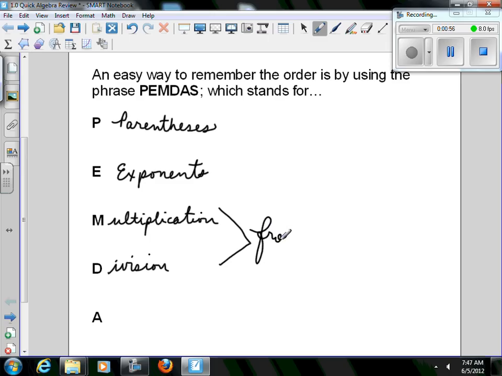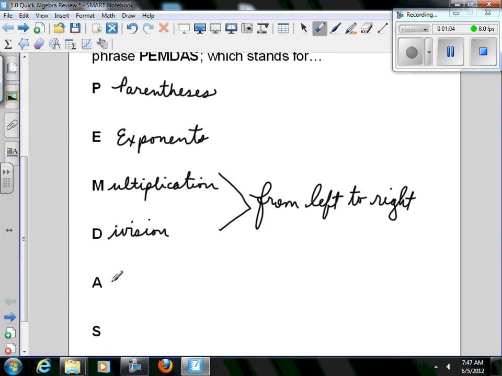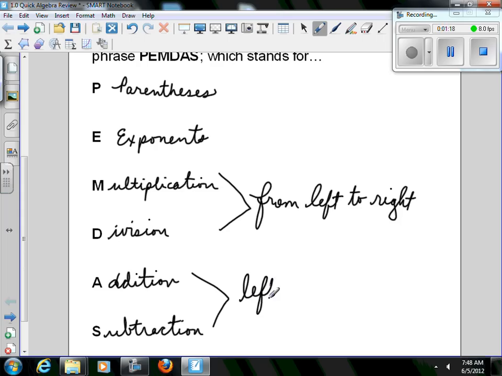You'll see some examples. Addition is what the A stands for, and subtraction. Now addition and subtraction you also do from left to right.